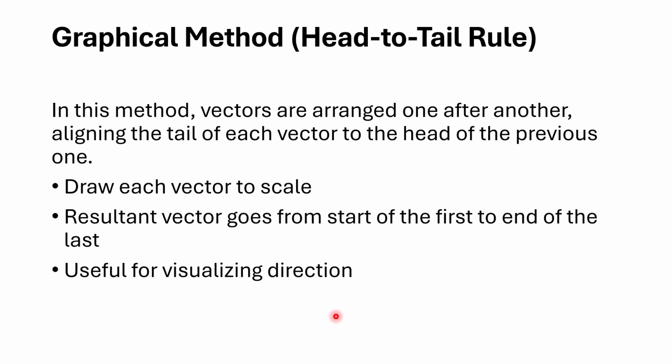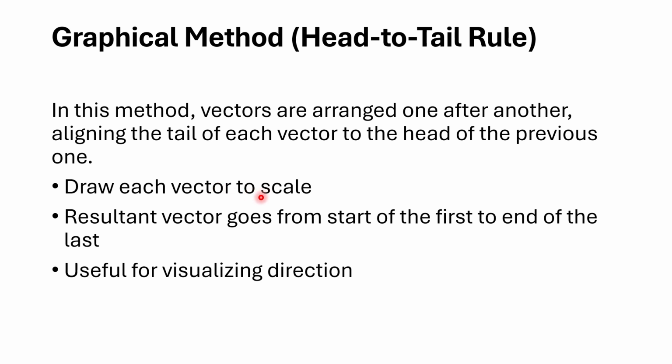We have the first vector, then the tail of the second vector is aligned with the head of the previous vector. In this way we add them up, and we get the resultant by lining up from the tail of the first vector to the head of the last vector. This line's direction and magnitude will be the resultant vector.